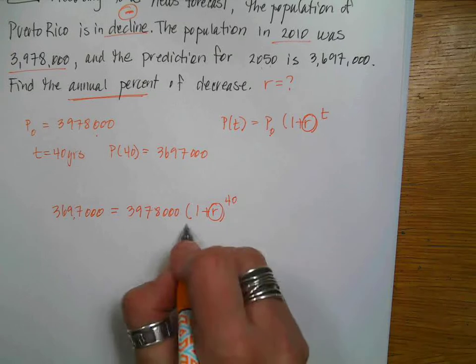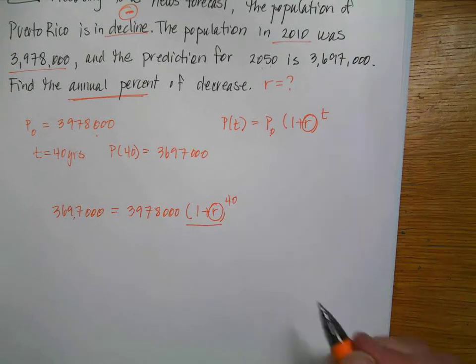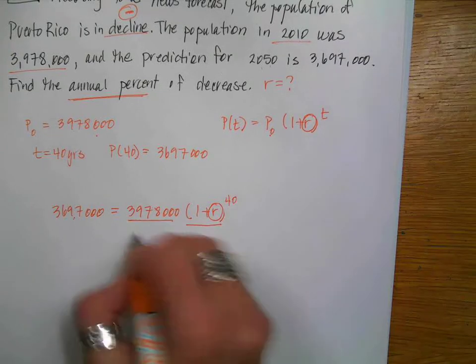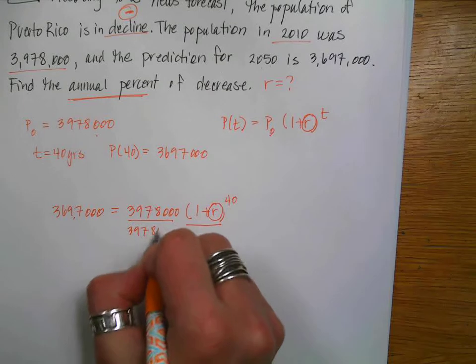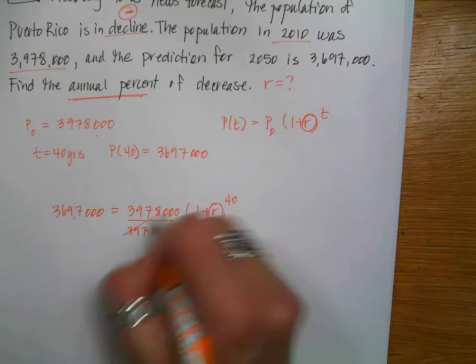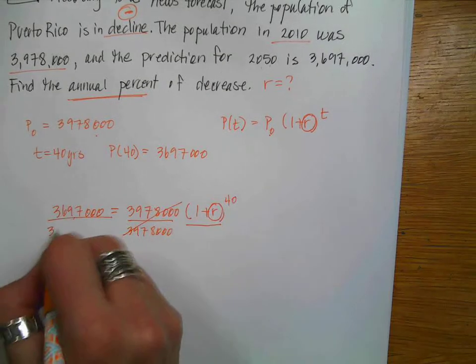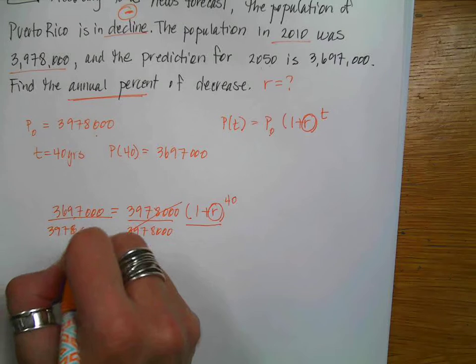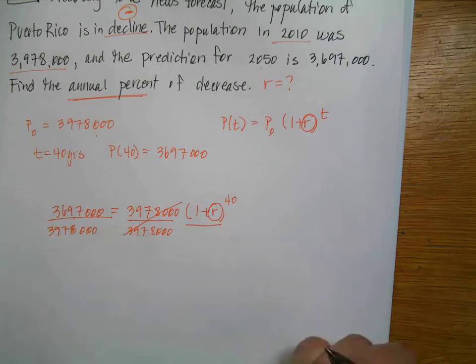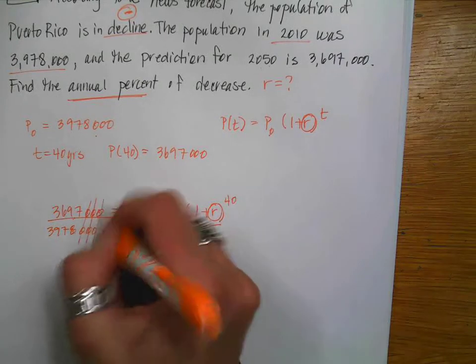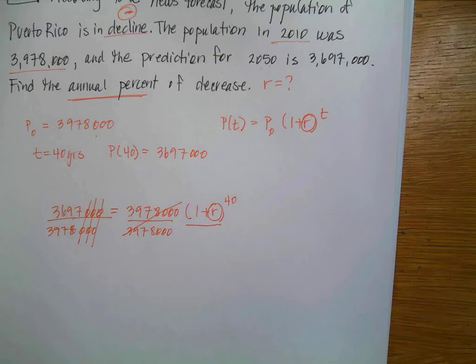The goal is to solve for r, so that means that I need to isolate this part of the equation. So now I'm going to divide both sides of the equation by that number, 3,978,123. And just to make it easier on my calculator, I'm not going to enter those zeros.